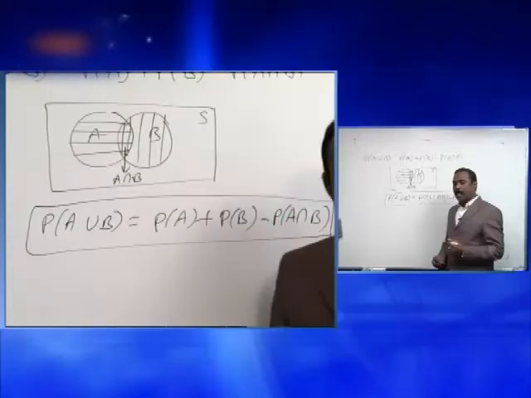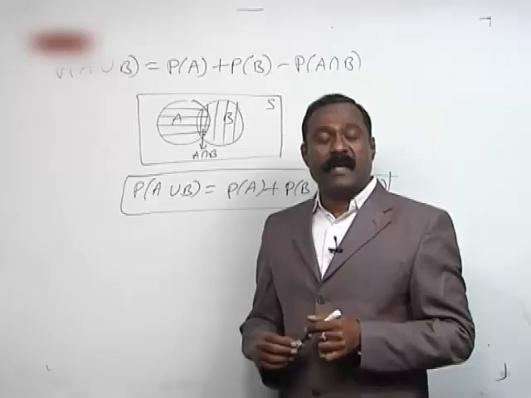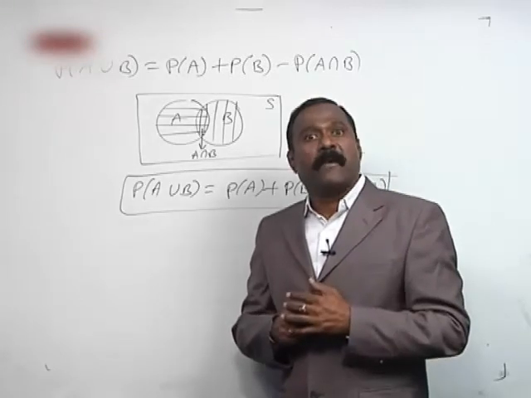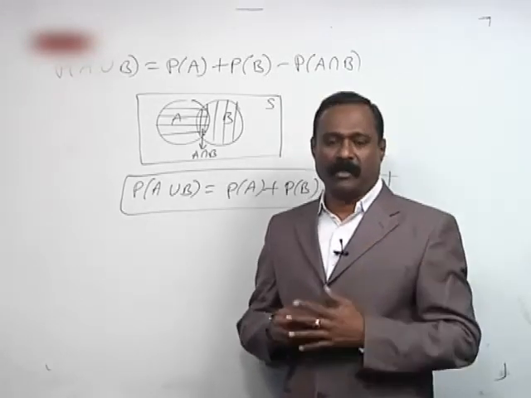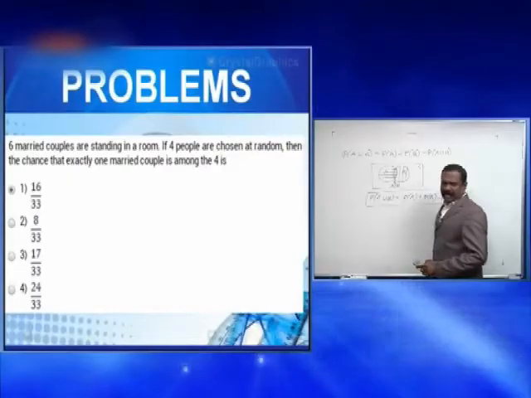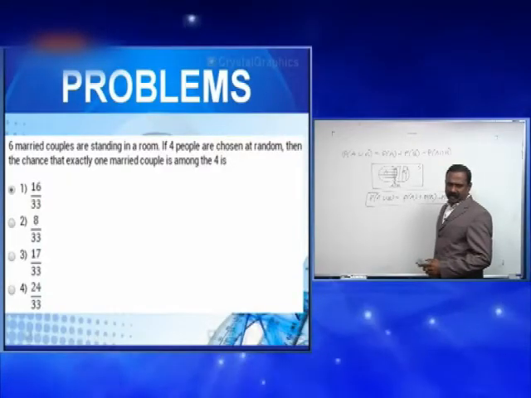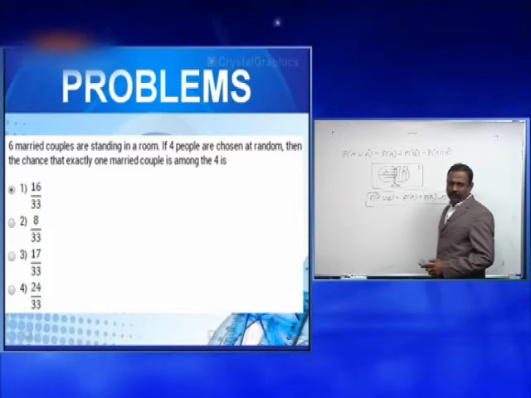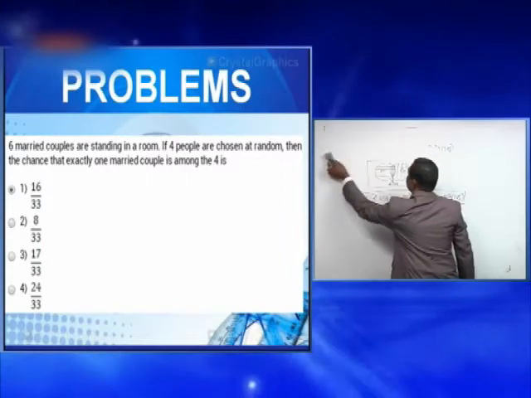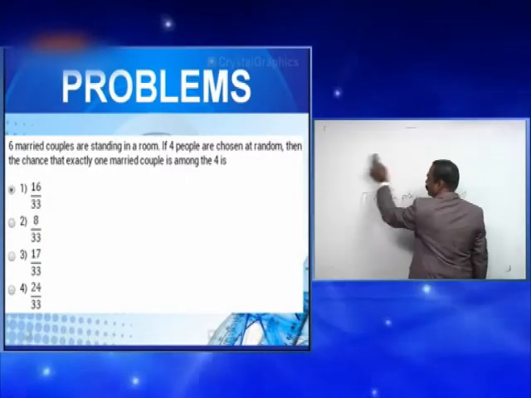Okay. Now, let us see the problems based on the classical definition of probability before going to the next part, which is conditional probability. See the first problem now. 6 married couples are standing in a room. Couples, you know, doubles.